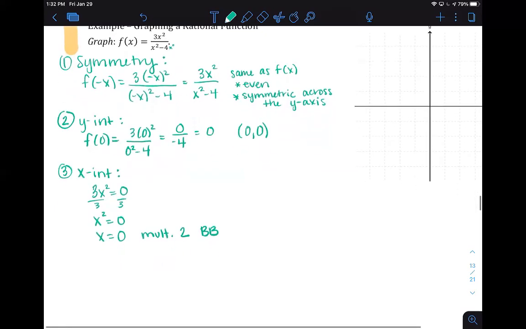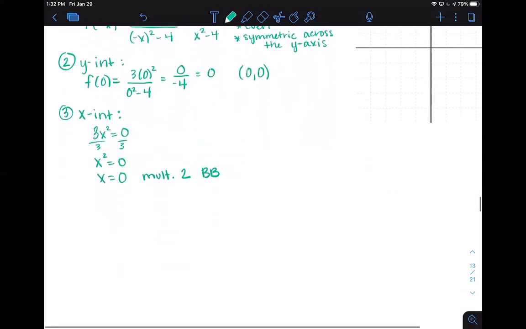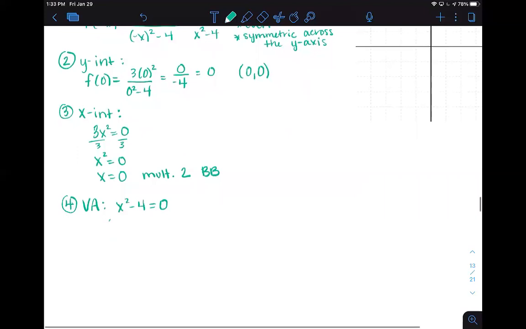Vertical asymptote. So for the vertical asymptote, we're going to look at our denominator. So if x squared minus 4 equals 0, you can either solve this with square roots or by factoring. Which one do you want to do? Factoring. Okay, so x squared minus 4 becomes x plus 2 times x minus 2 equals 0.